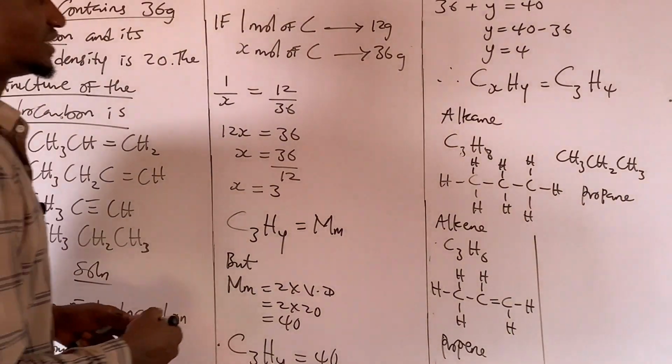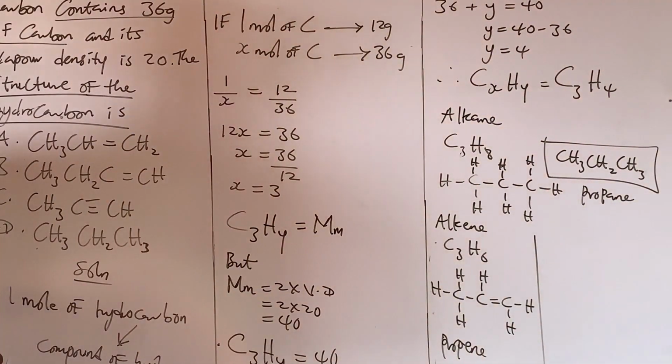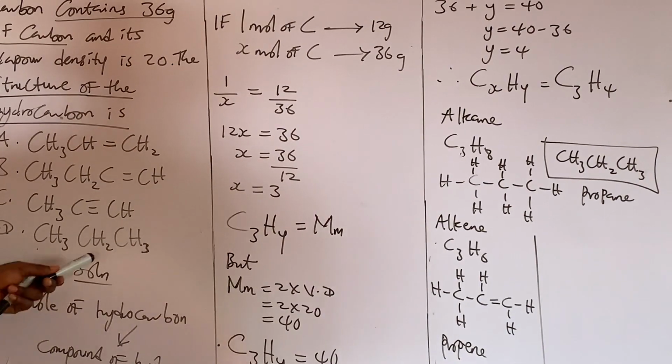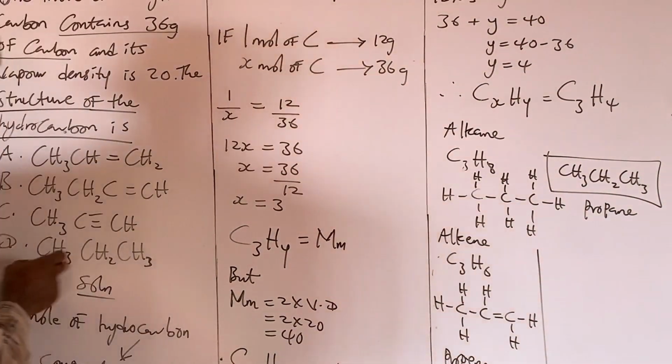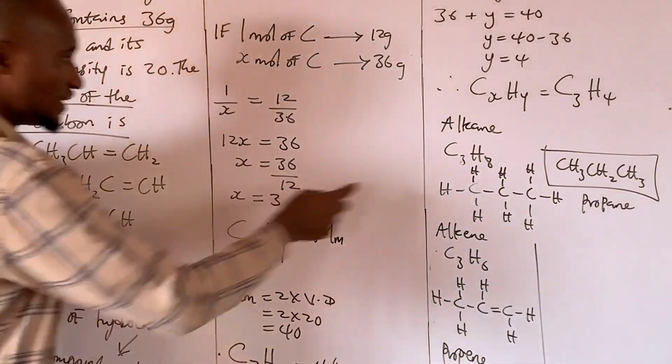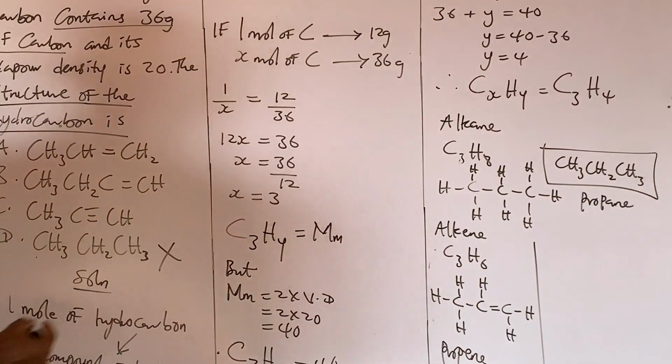Do we see something like this in the options? No, we didn't. D, okay, D. The molecular formula of this and that, are they the same? No. That means D is not the answer.